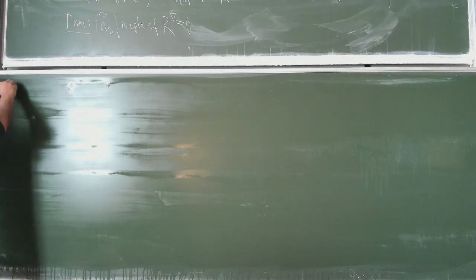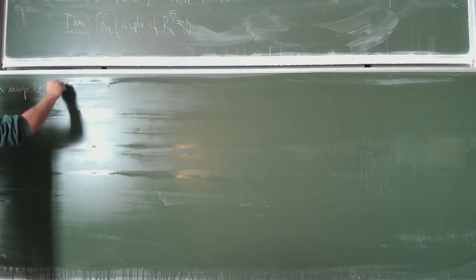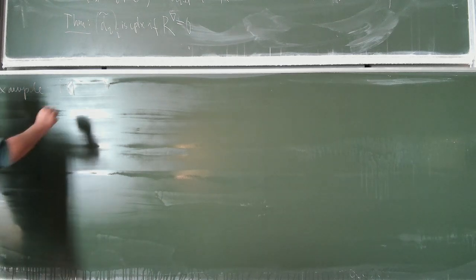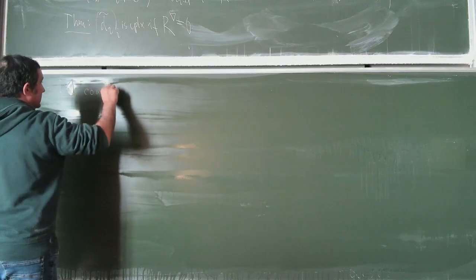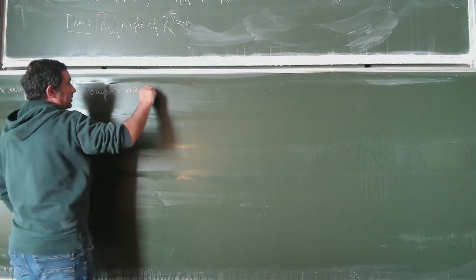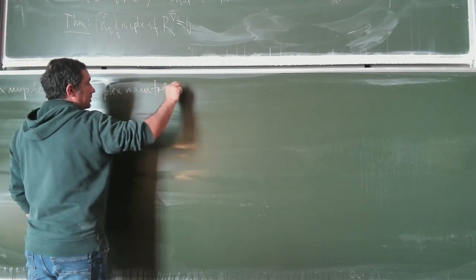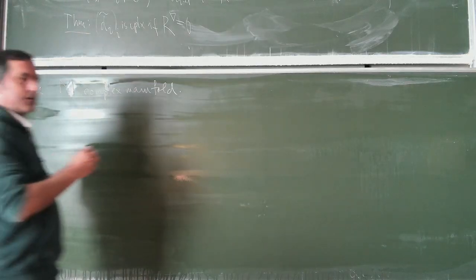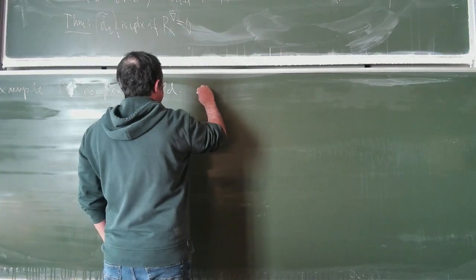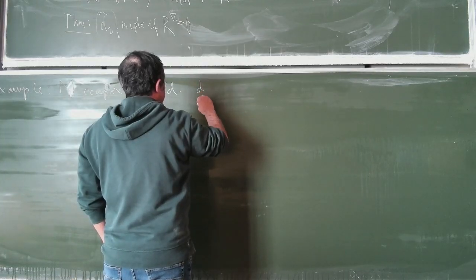Or another example: if M is a complex manifold, then we have operators d and d bar.